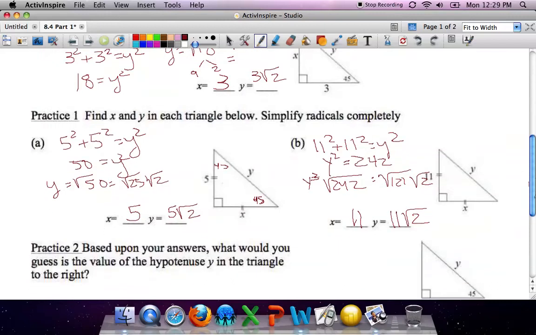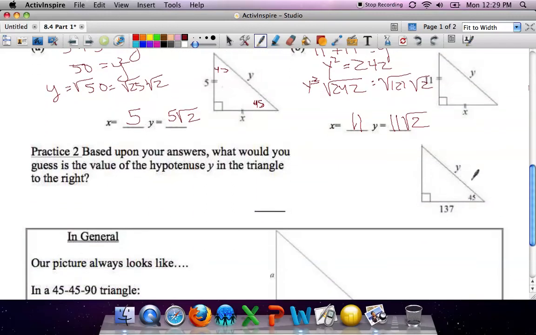So, generalizing, what do you think is the hypotenuse, without doing all that math out, if you have an isosceles right triangle with side length of 137? Well, you would know this is 137. We could do the Pythagorean theorem, and my guess to the value of the hypotenuse, and it's actually not even a guess, it's the actual perfect answer, is 137 root 2.